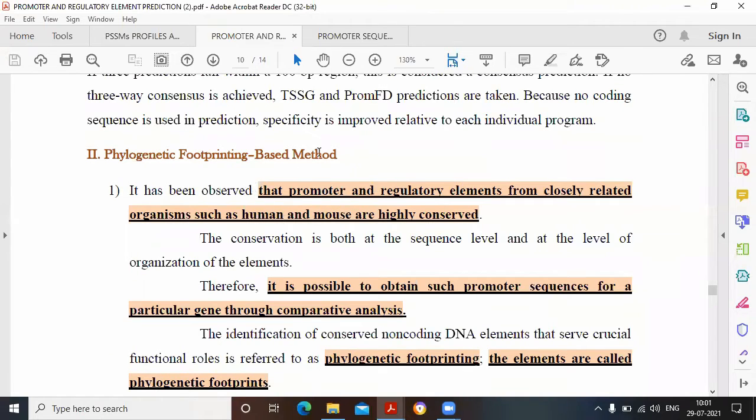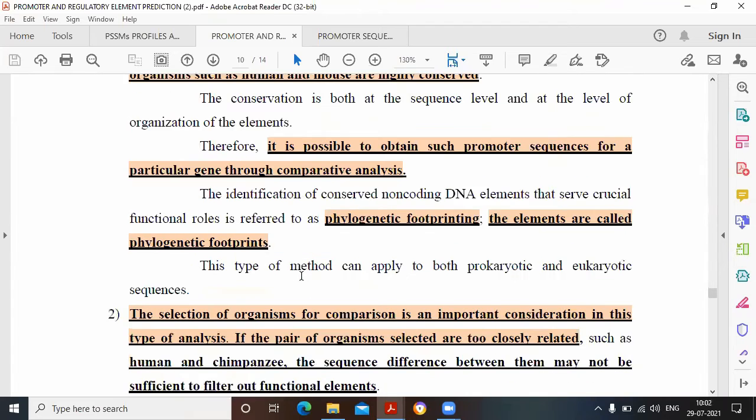Here again, it is a homology based method. Whatever sequence I provide, it is going to be compared with the database sequences, and whatever promoter and regulatory information is provided with those sequences, that information we directly transfer or predict with respect to our sequences. That is why it is called the phylogenetic footprinting based method.